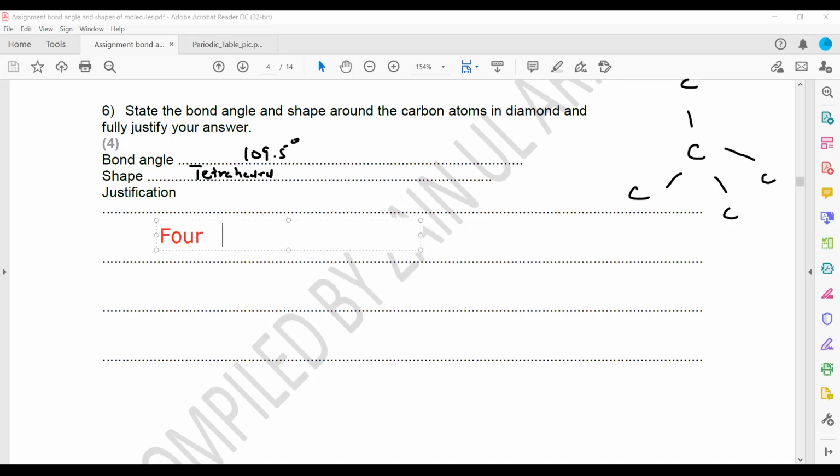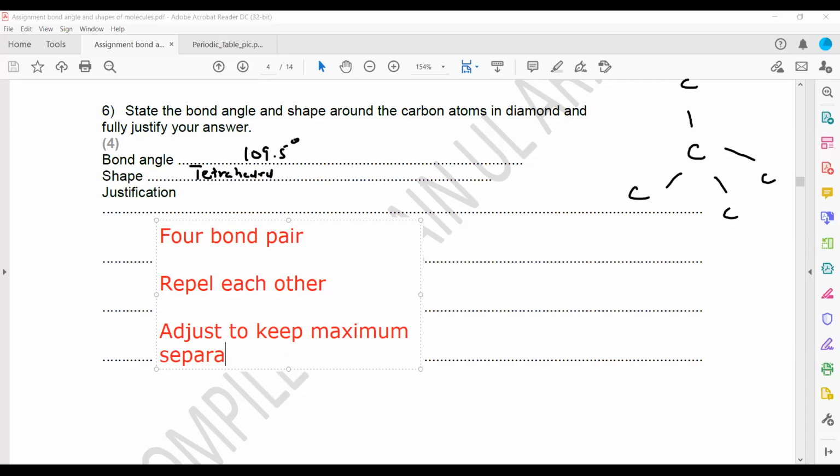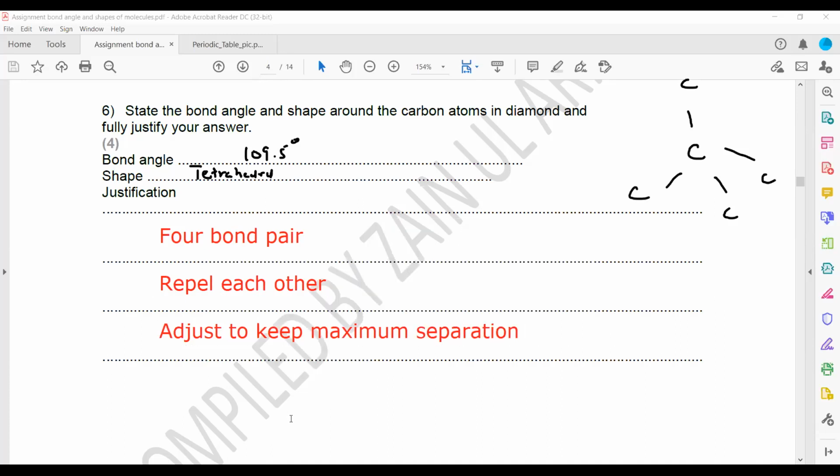So 4 bond pairs all repel each other and adjust to keep maximum separation. That's why this has a bond angle of 109.5 degrees and a tetrahedral structure.